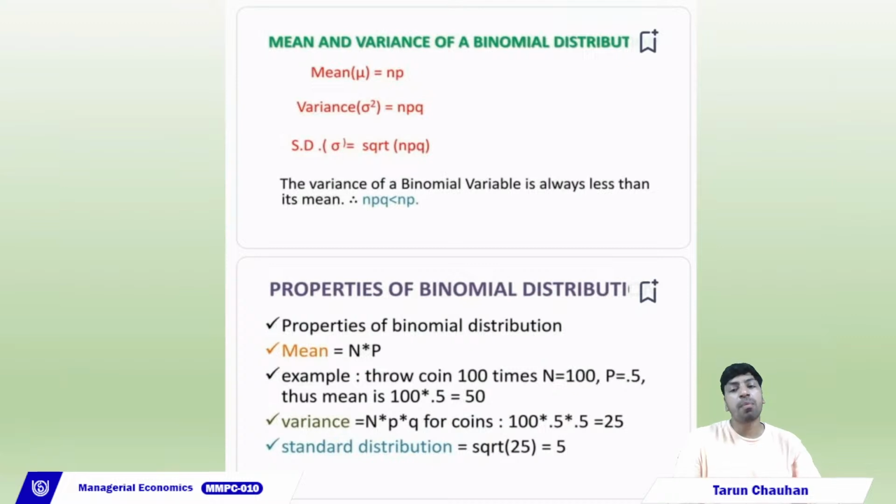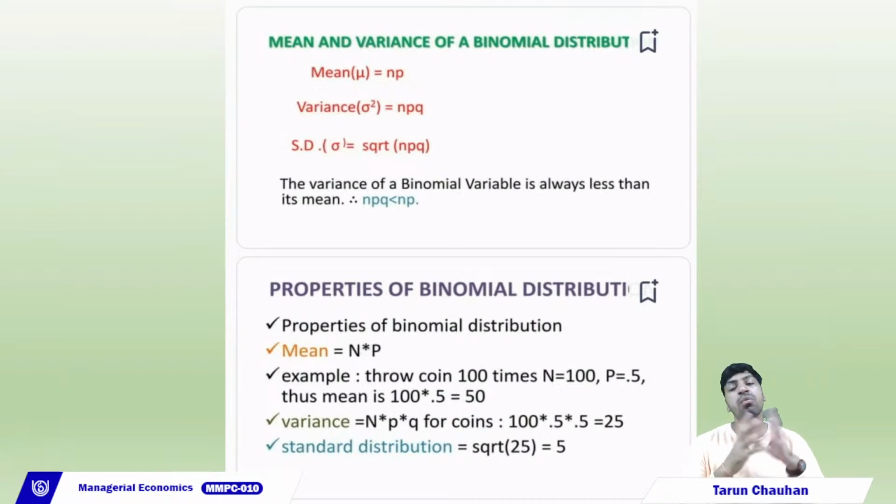Let's talk about the properties. The properties under this particular approach are the mean, variance, and standard deviation. There is a small example where the values have been given to you. For example, you throw a coin 100 times.